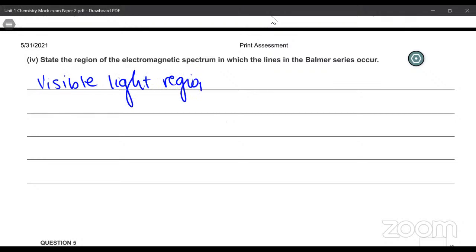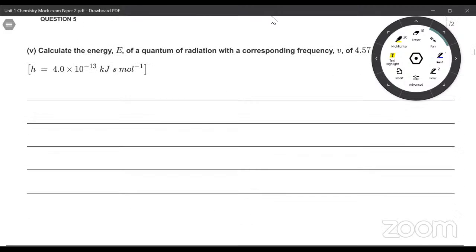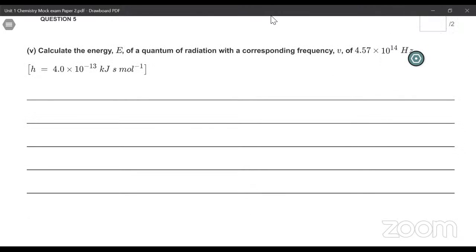All right. I am flying through this paper. All right, this should be per second. Let's just put that in there for now. Now calculate the energy of a quantum of radiation with a corresponding frequency of mu, where it is equal to 4.57 times 10 to the 14 hertz.